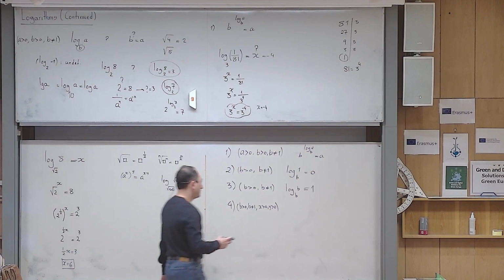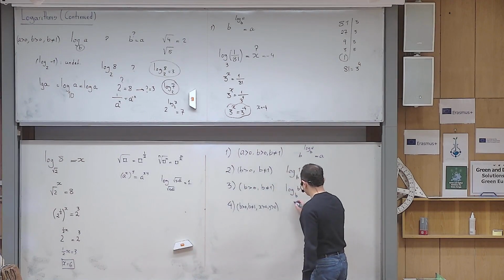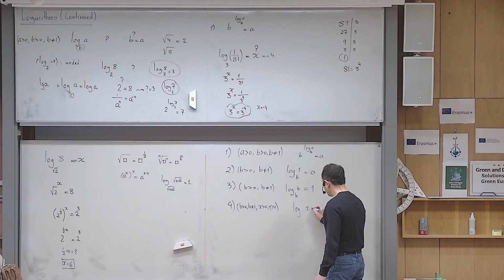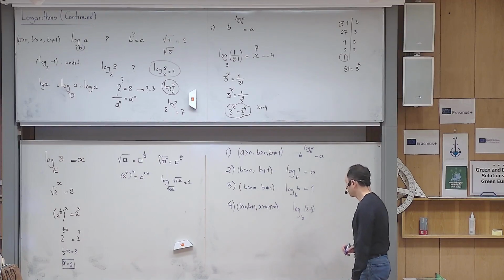So if you have logarithm of x multiplied by y to the base b, you can apply logarithm to the first one and logarithm to the second one.